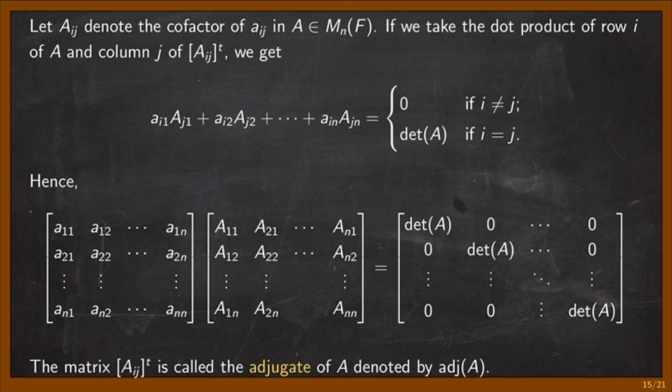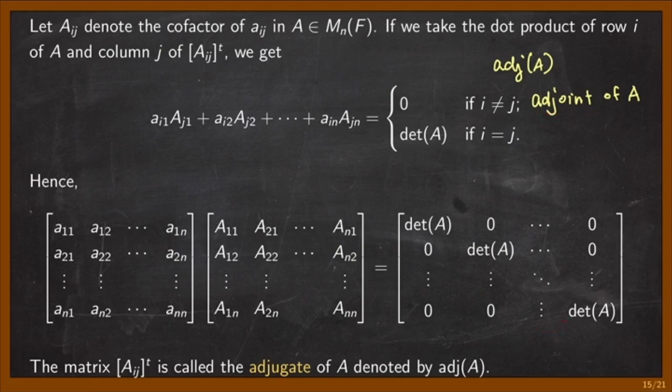We call this matrix, the transpose of the cofactor matrix, the adjugate of A, for it to have a name. And this adjugate is denoted by adj A. Some authors call this the adjoint of A, but I don't like to use the adjoint because in linear algebra the word adjoint has a more important meaning other than this.